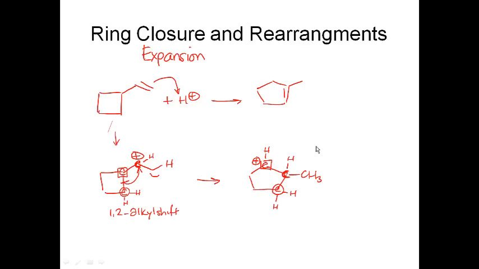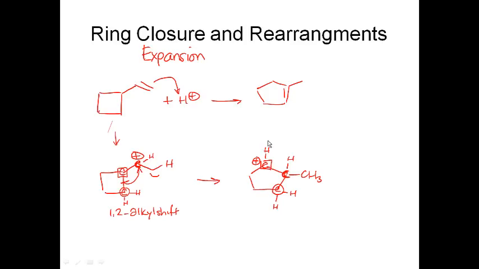So we form this secondary carbocation, but because of the alleviation of this ring strain, we form a more stable carbocation. Having a secondary carbocation with ring strain is less favorable; it's much more stable to have a secondary carbocation on a 5-membered ring.